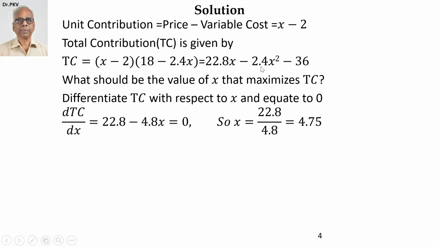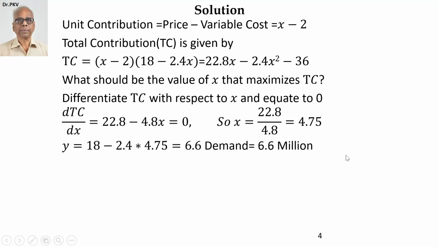The derivative of x squared is 2x. Multiplied by 2.4, it is 4.8. Therefore, 22.8 minus 4.8x is equal to 0. So x is equal to 22.8 divided by 4.8, which is equal to $4.75. So this is the price.